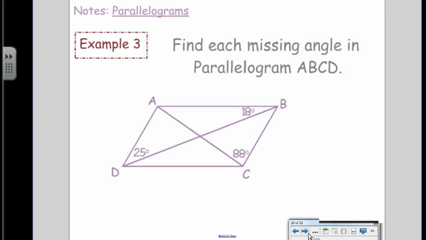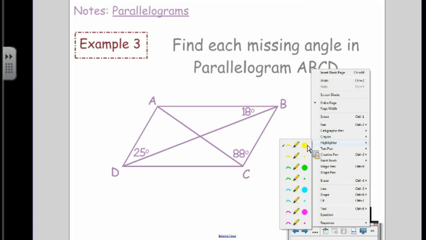Find each missing angle in the parallelogram. So draw that parallelogram on your page and find every single angle that exists in that parallelogram. Go. So because this is a parallelogram and we have those parallel sides, we get to keep using those theorems from last semester. And one of you was mentioning over and over the alternate interior angles, and that is true.